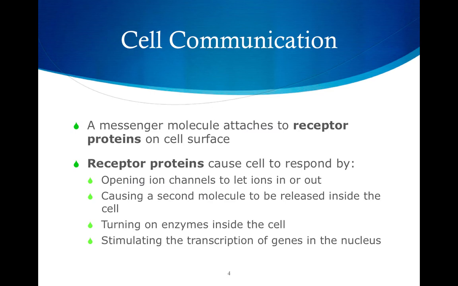The cell membrane is very important in the communication process of cells. At that plasma membrane, we can have communication taking place via the receptor proteins that are on the cell.